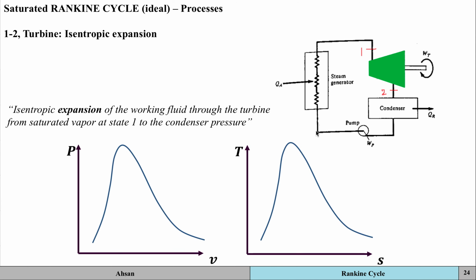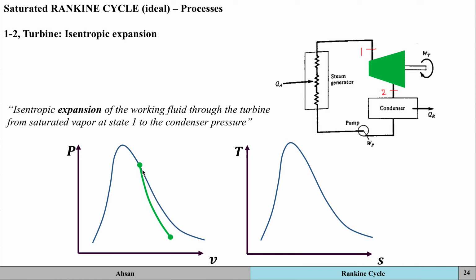Okay. So on the PV and the TS diagram, just go ahead and think what this is going to look like. Because it is an isentropic process, that means it is reversible and it is adiabatic as well. Okay. And we already know that state 1 is steam, it's vapor. So it's going to start off on this line, okay?